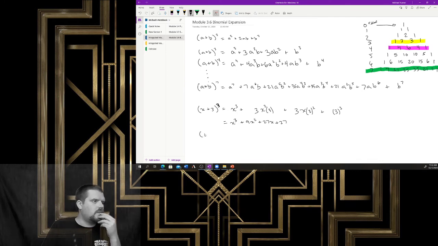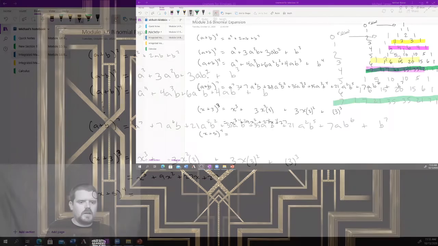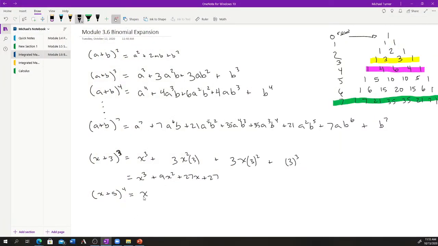Let's do another one here. Let's do x plus 5 to the 4th power. So starting with the 4th power here, I'm going to go 4, 3, 2, 1, 0, and then 0, 1, 2, 3, and 4. And if you need a calculator for these higher exponents, that's fine.